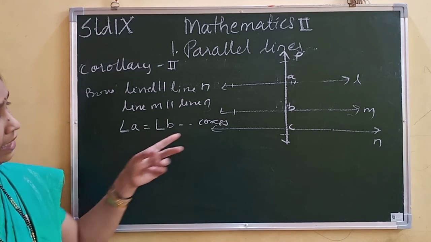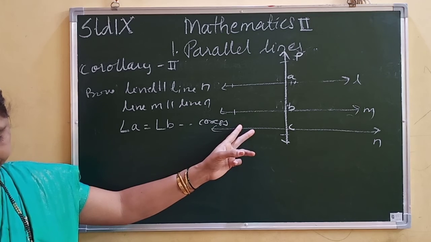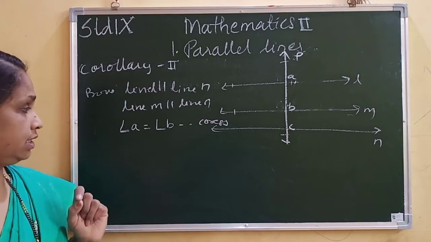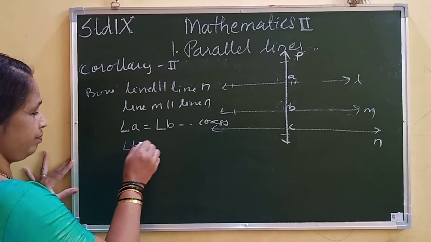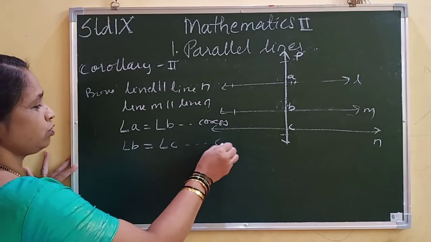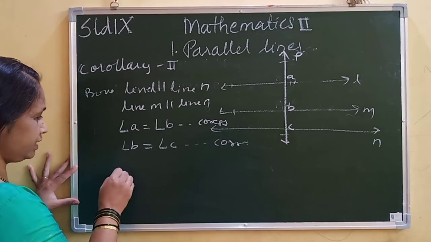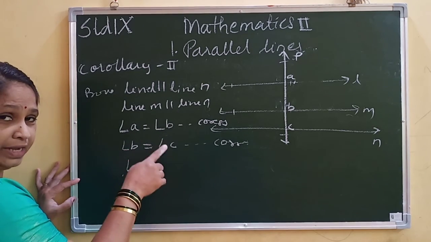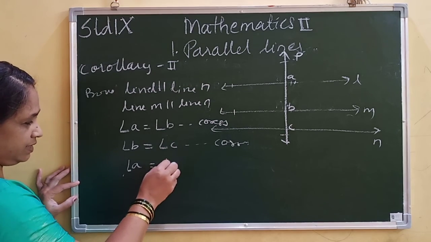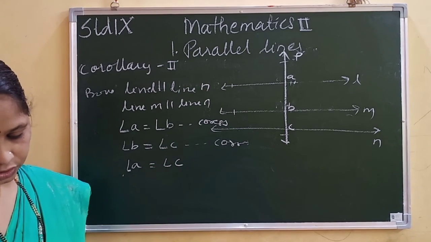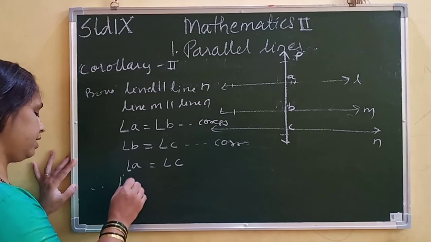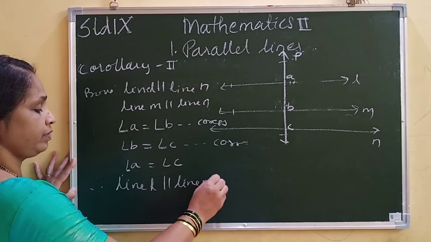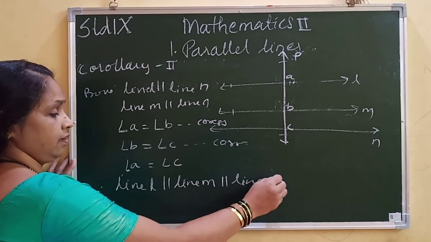And for line M and line N, B and C also are corresponding angles, so angle B is equal to C. If angle A is equal to B and B is equal to C, then A is equal to C. Therefore, as these corresponding angles are equal, line L is parallel to line M, parallel to line N.